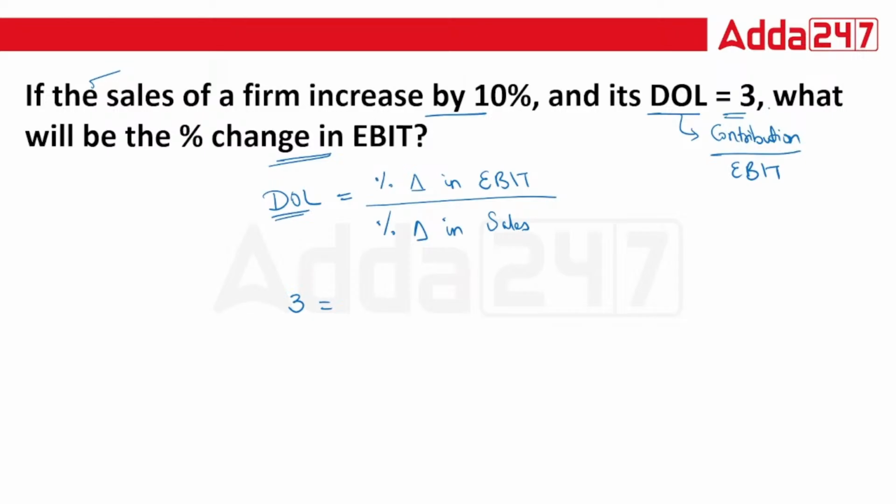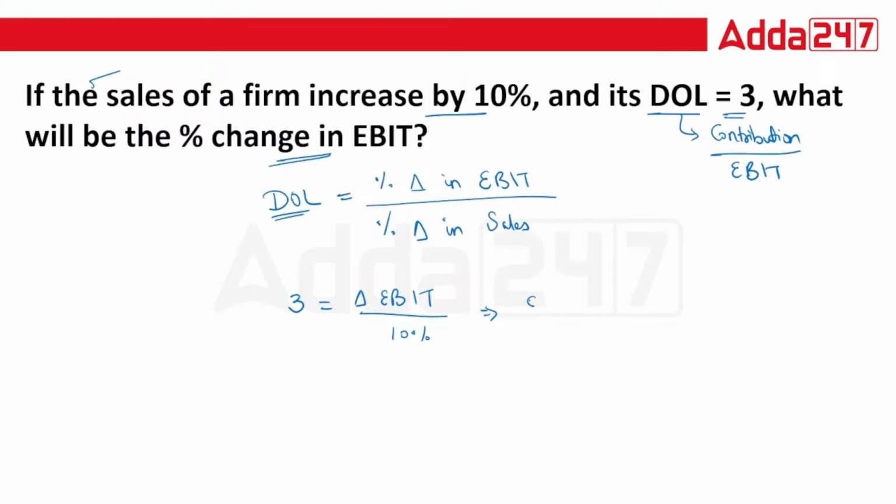But here the data is given for percentage change in your EBIT, so how much sales and EBIT are going to fluctuate is what we calculate with the help of DOL. They have directly given the DOL, and the percentage increase in sales is 10%, and we need to calculate the change in EBIT.